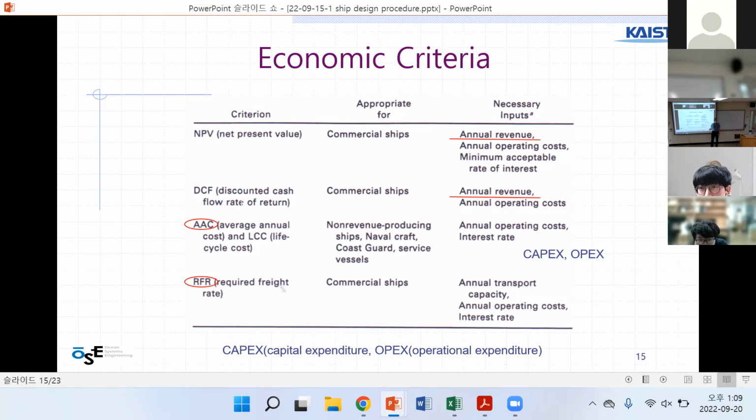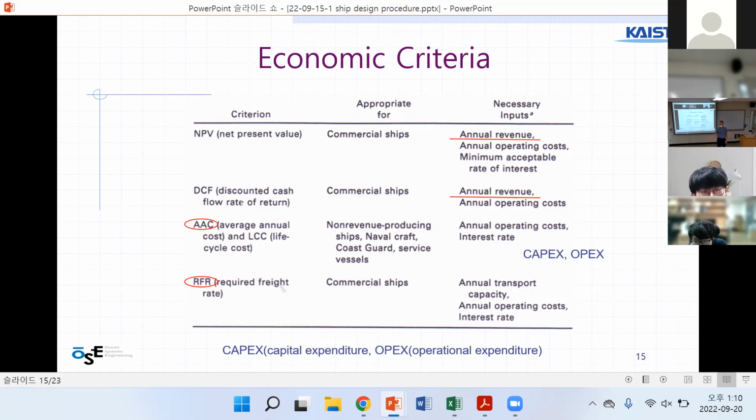But for the ship, for my case of a $500 million new container ship, capital expenditure is big, right? If you assume that the ship can be used for 15 years, then every year you need to subtract $500 million divided by 15 years.